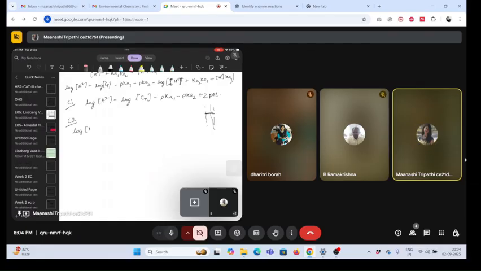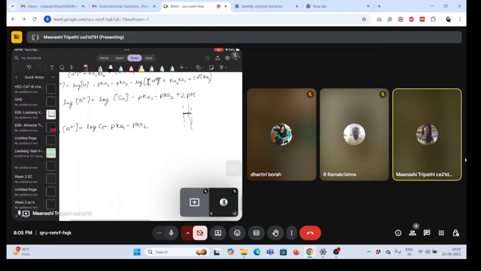Log A2 negative is equal to log Ct minus pKa1 minus pKa2 minus log H plus square over H plus Ka1.